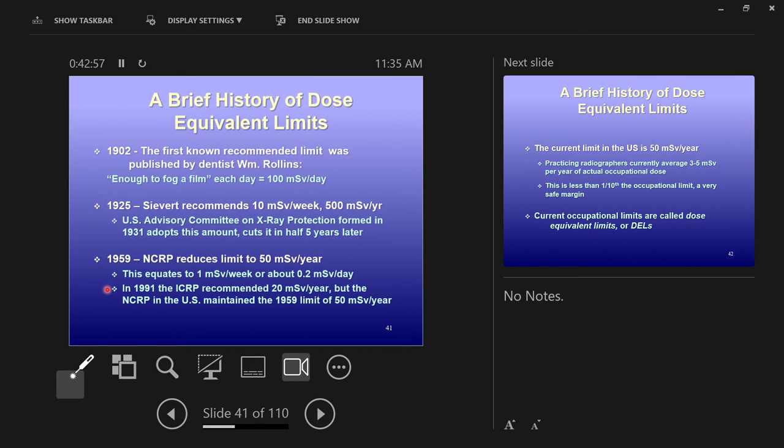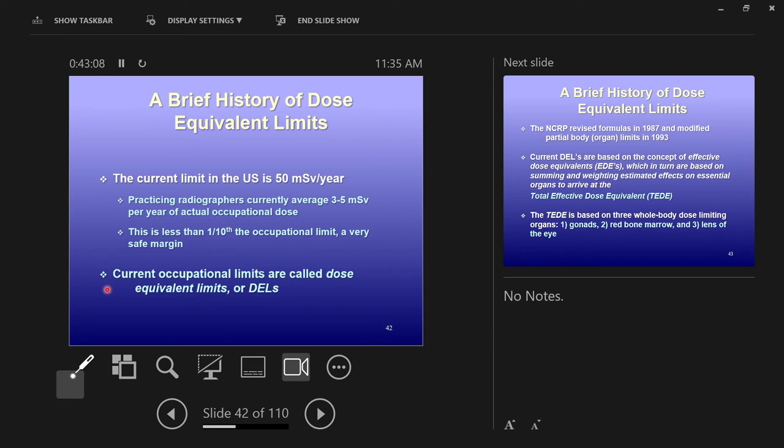We measure your dose equivalent limit in a couple of different ways. One of them is yearly, and this is the yearly limit. This is the one you think about most often, your yearly limit. So the current limit is 50 millisieverts per year. You must commit this one to memory. This is one that has to be remembered.